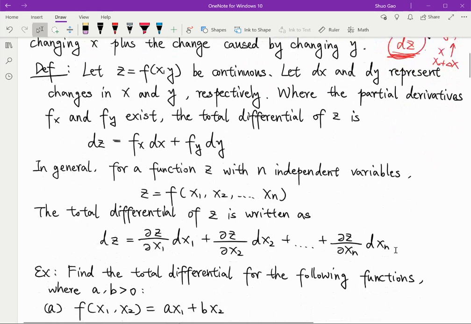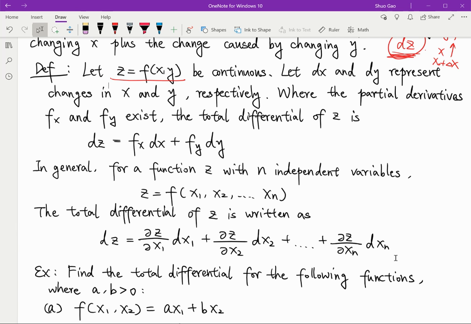Look at the definition here. Let z be a function of x and y, and it's continuous. Continuous means that it has differentials in all the values, or all the ranges, of x and y, so you can take the differential of z anywhere in the range.